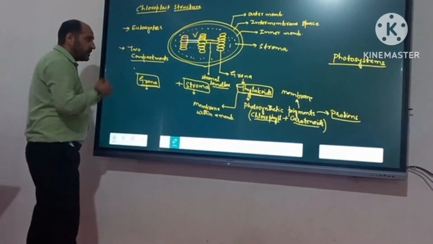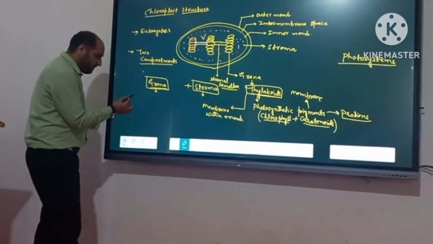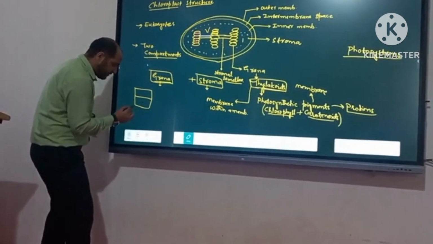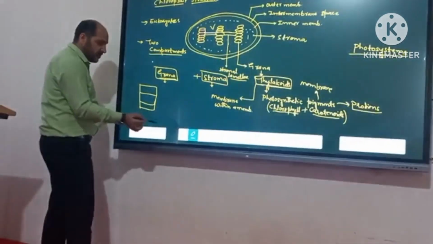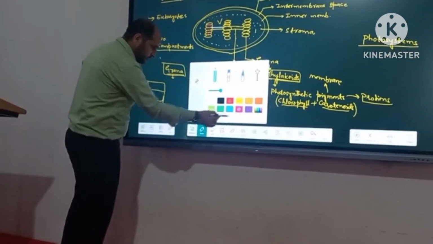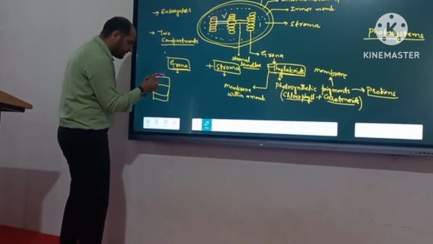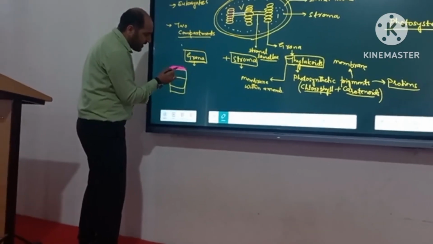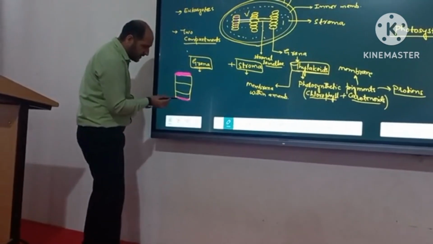Now let's discuss grana a bit further. It has two types of membranes. If we say that this is one grana, there are two types of regions we can see. One region is over here, this region, I will shade it like this. These are not appressed regions.